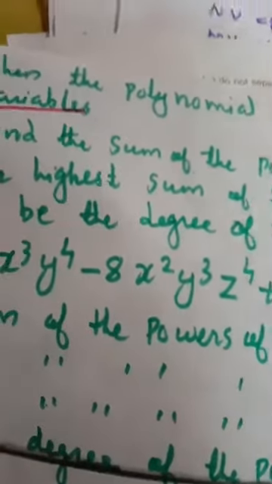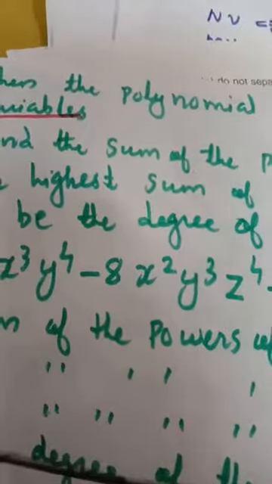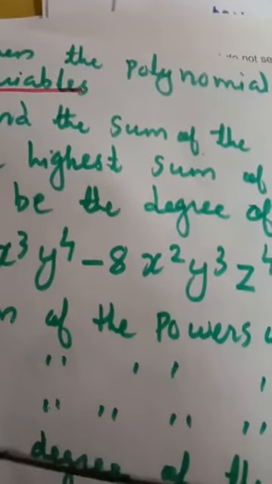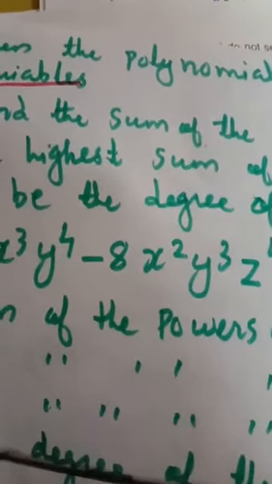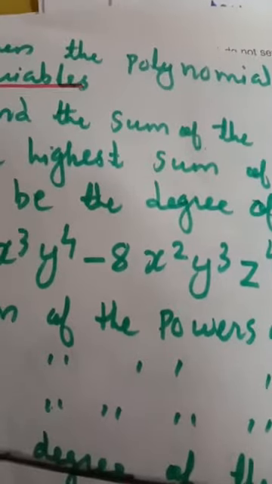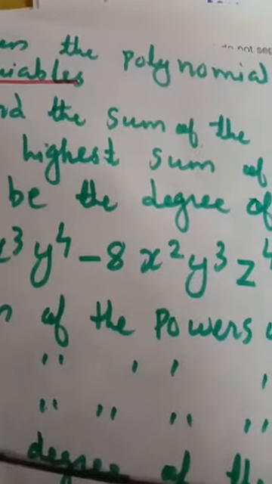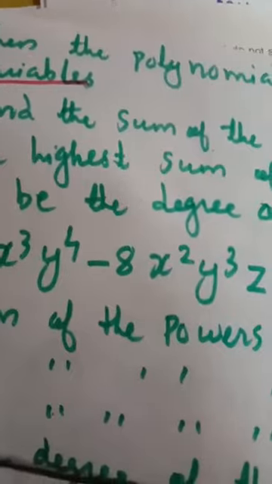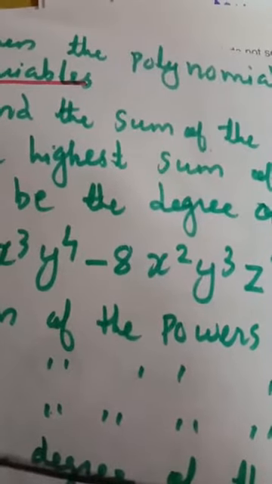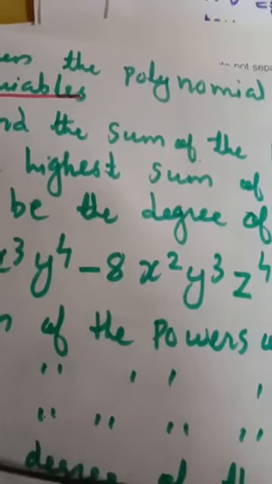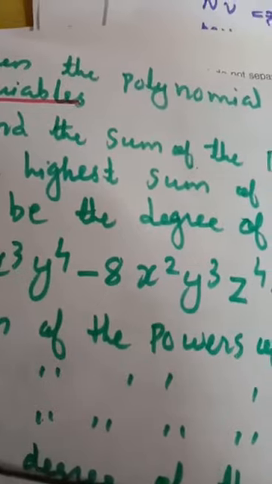First we have to find the sum of the powers, then the highest sum is the degree. Same as the previous one. In the previous type only one variable is there, either x or y, then highest power is degree. If it contains more than one variable, then add all the powers. Add the different powers, then the highest is the degree.